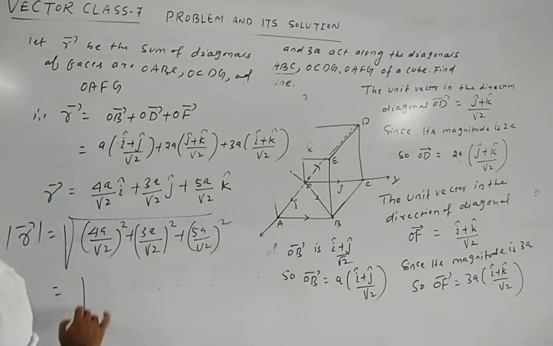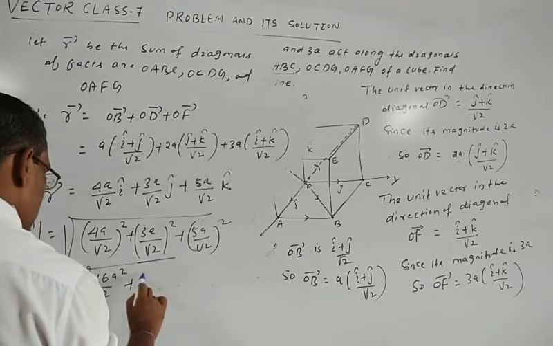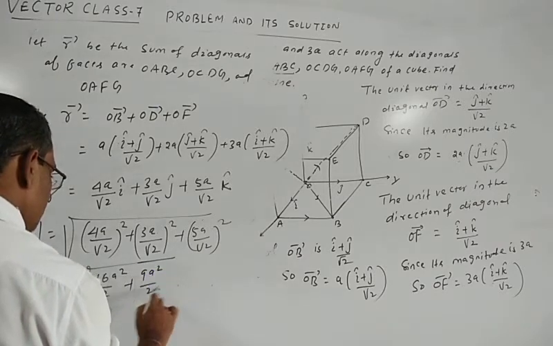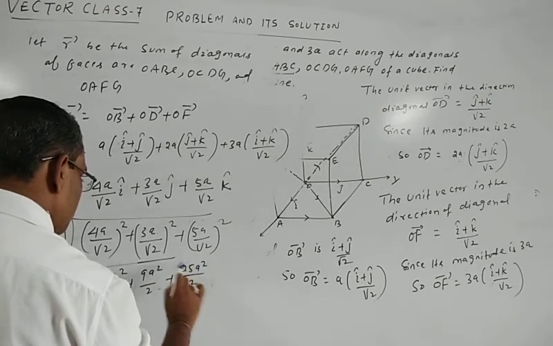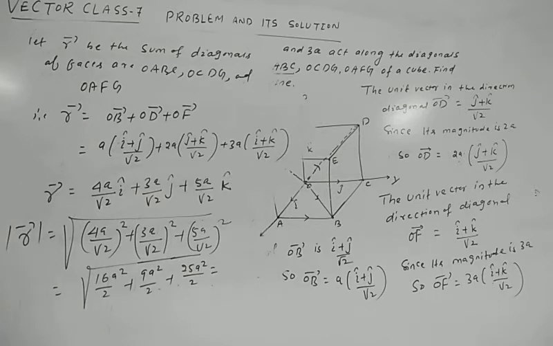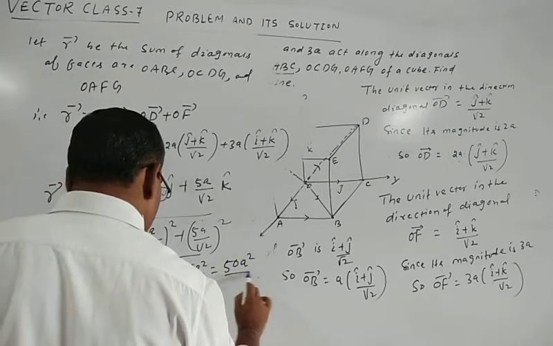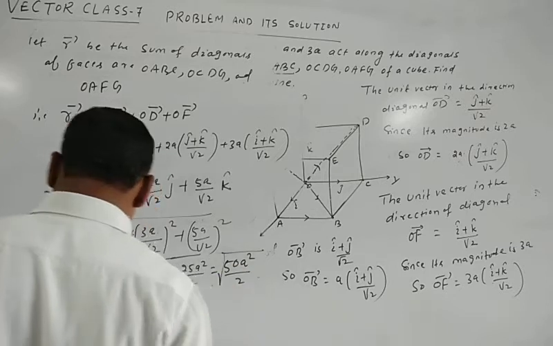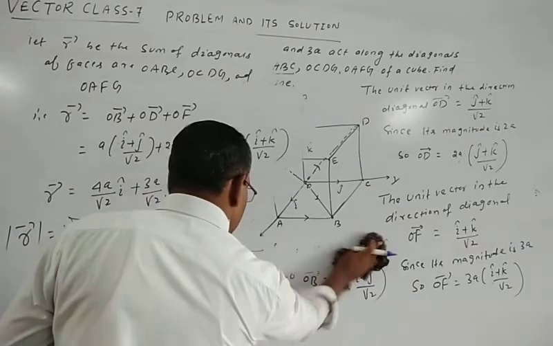So this is equal to 16a square by 2 plus 9a square by 2 plus 25a square by 2. So this is equal to 50a square by 2 under the root, that means this is 25.